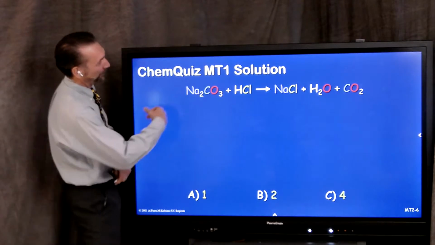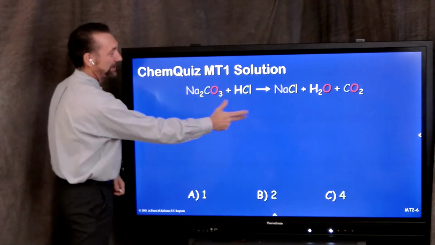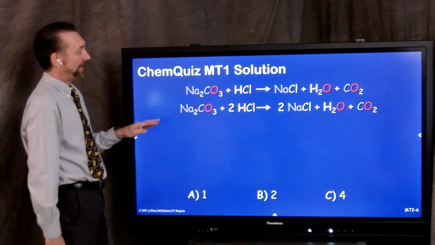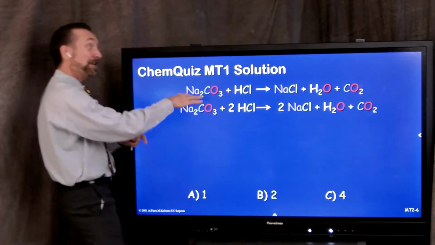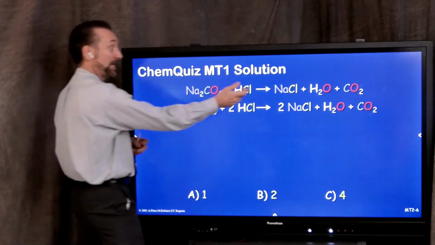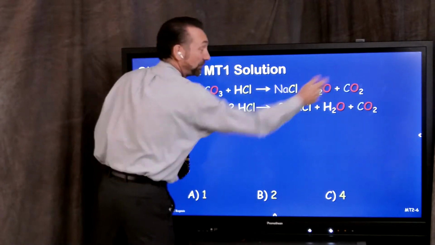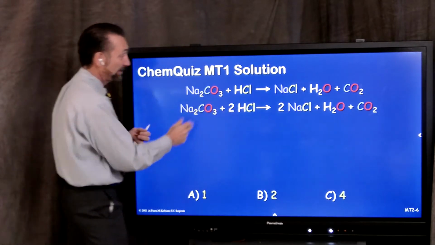What were we thinking here? We have this chemical reaction, but it wasn't balanced. So you have 2 moles of everything, and if you had 2 moles of everything, then you would get 2 moles of all of those. Absolutely. But it does have to be balanced.